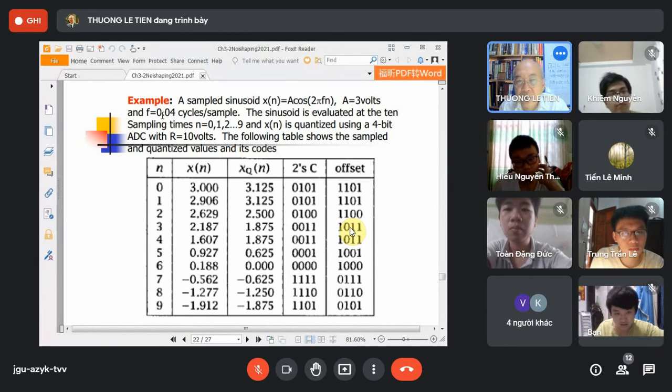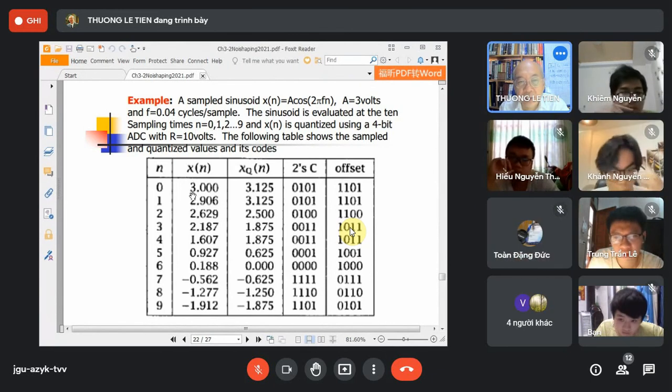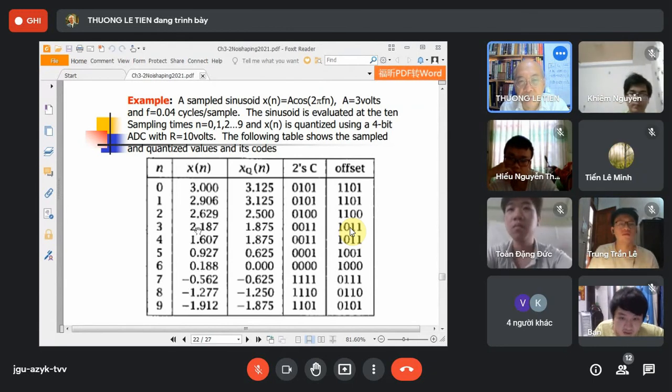You can work out the corresponding f, and then you find out the first 10 values of n. So the first 10 values.